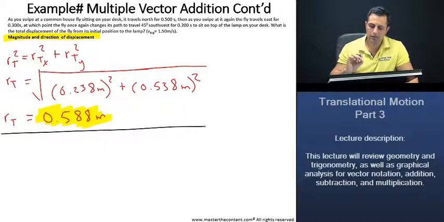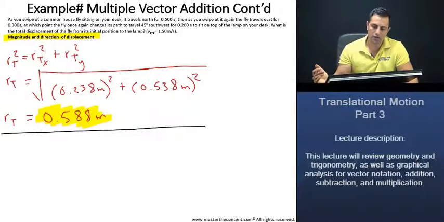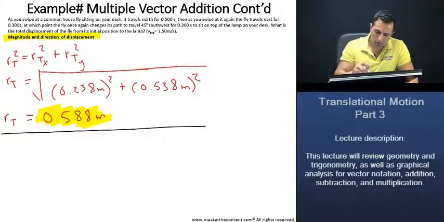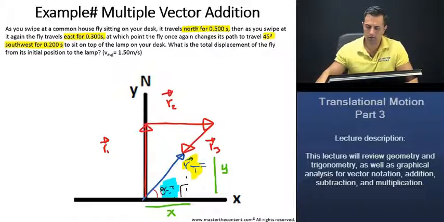Well, let's also find the direction that that magnitude is going to be traveling in. We can do that through our inverse tan function as we have been doing. We're going to use the opposite side over the adjacent side.